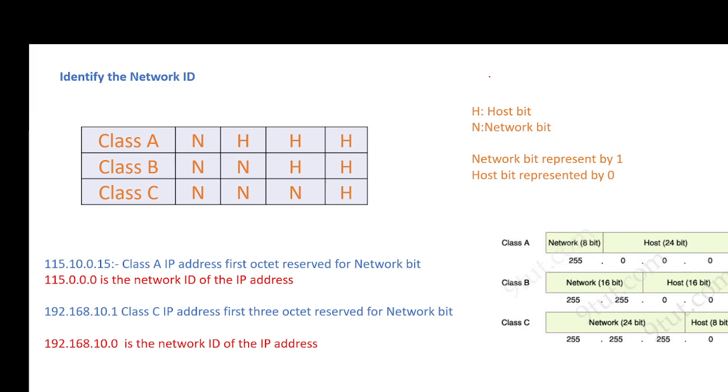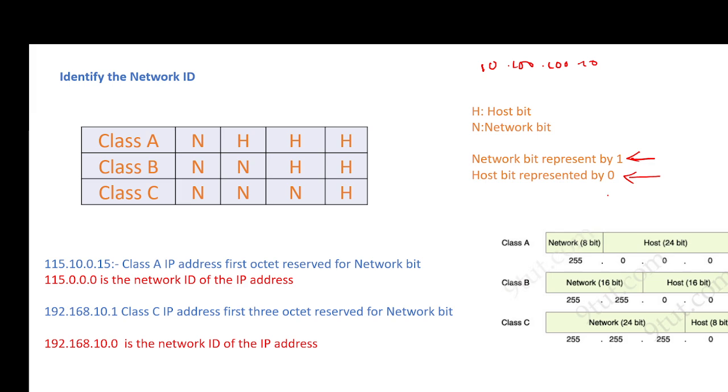So if you write an IP address like 10.100.100.10, this IP address will have two portions. One is network, another one is host. Network will always be represented by 1. Host will always be represented by 0.